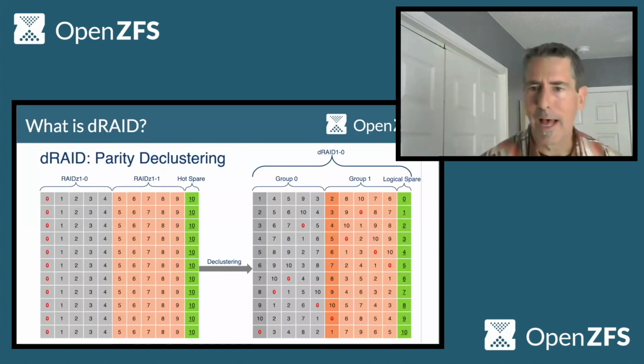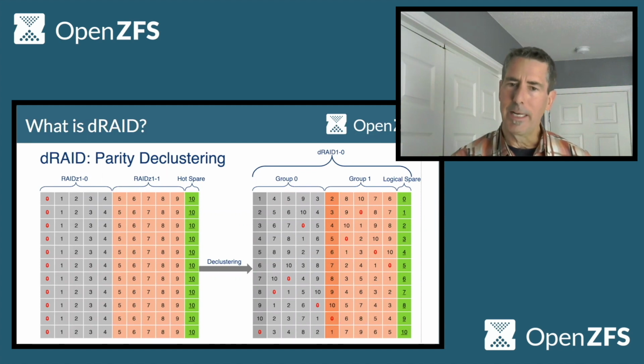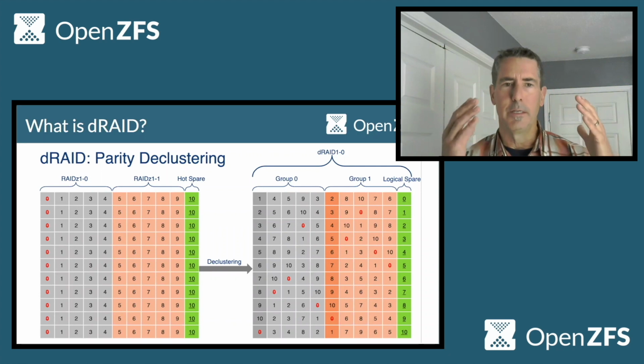So keeping all that in mind, what is dRAID? dRAID, in ZFS's case, is RAID-Z declustered. What that means is on the left, you see an example of what a RAID-Z layout might look like, where you have two RAID-Z top levels with a hot spare allocated for your pool.